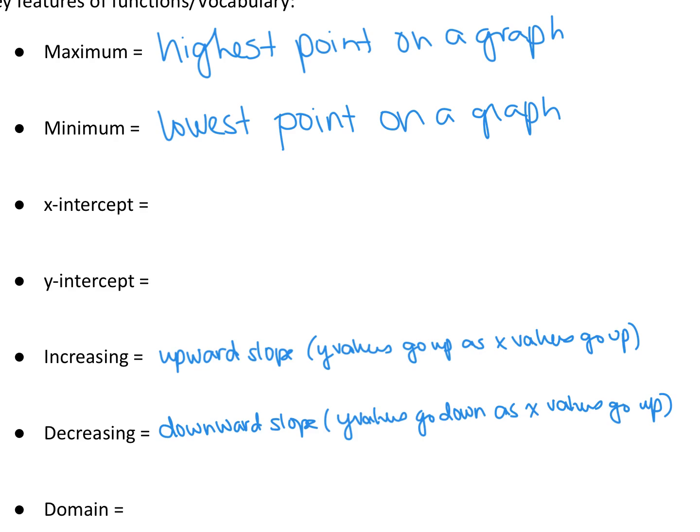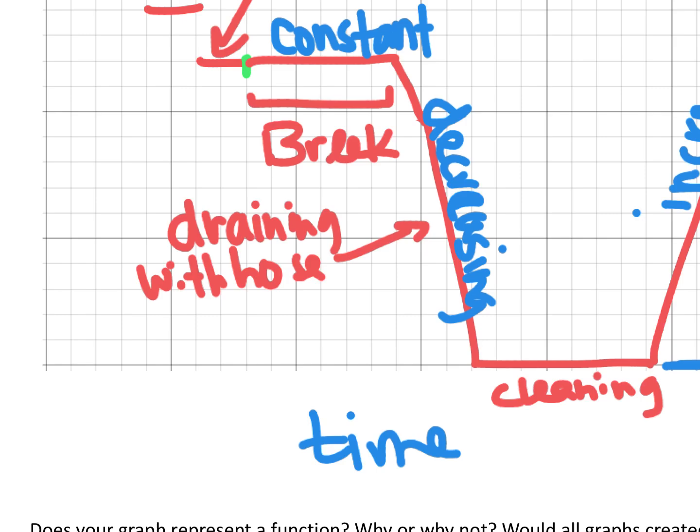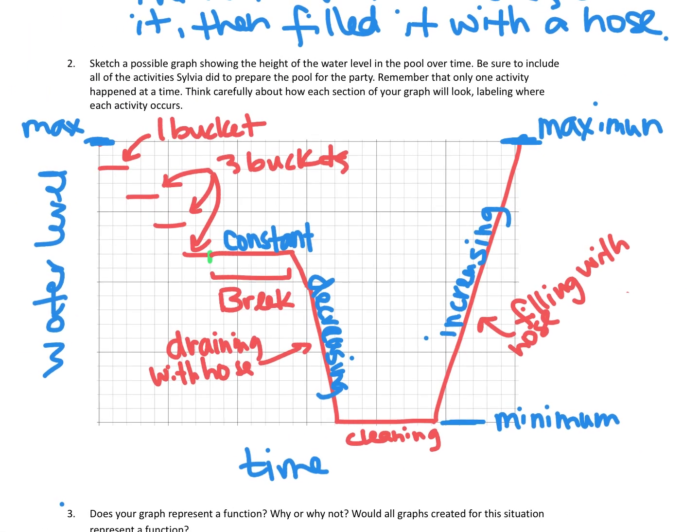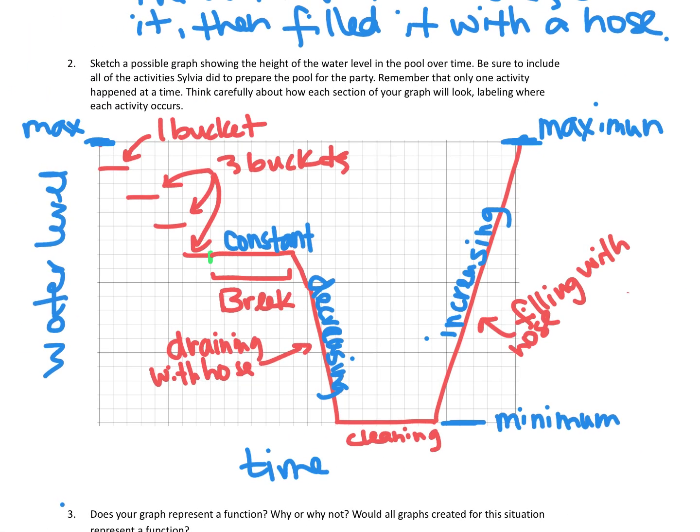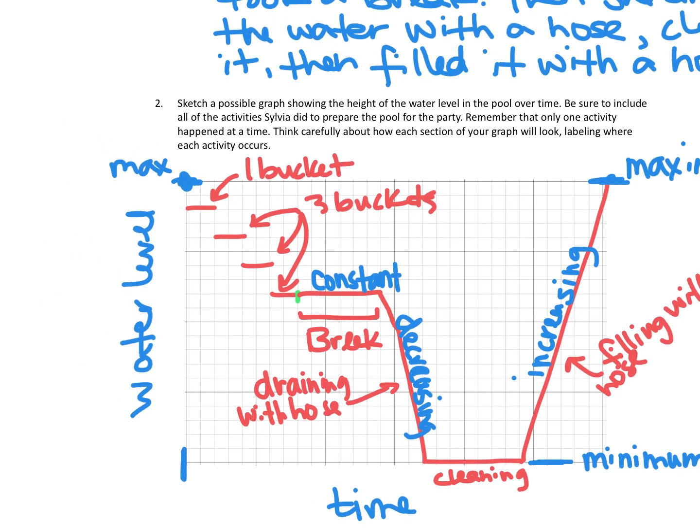So looking at our graph, I see one y-intercept, right? This is our y-axis right here. So our y-intercept is right here. It's that max on the left side. So this is also our y-intercept.